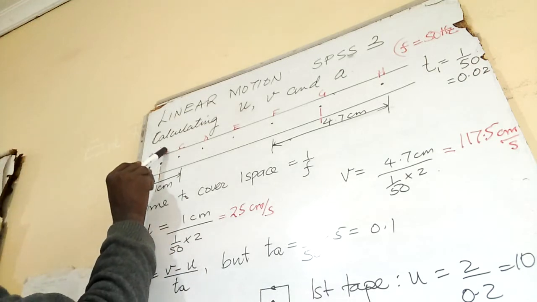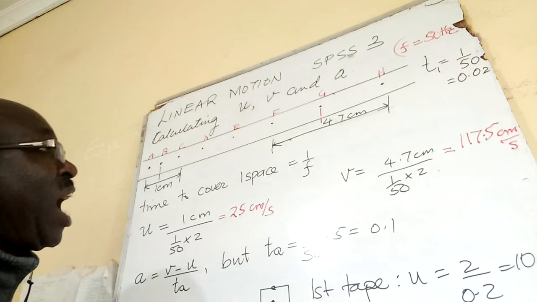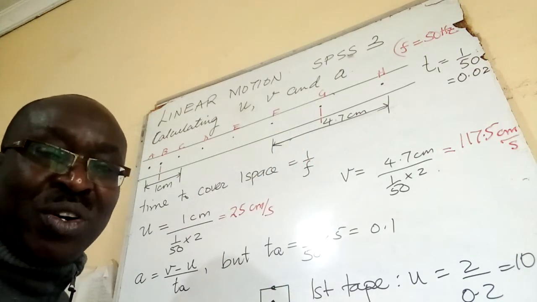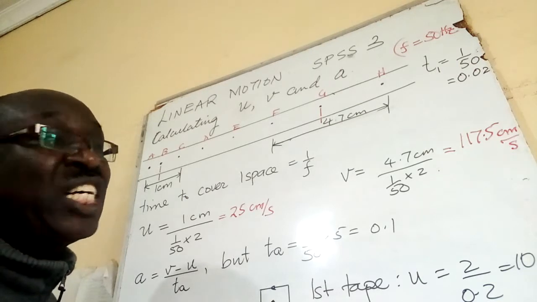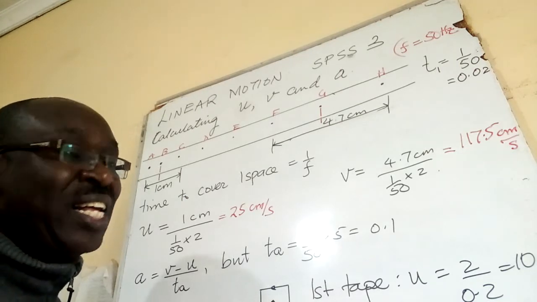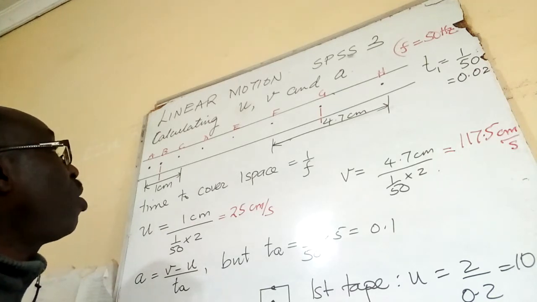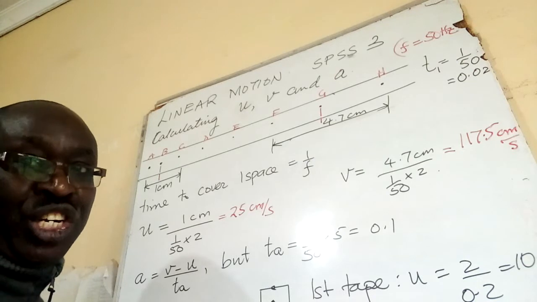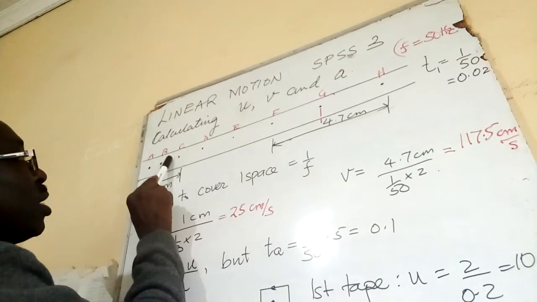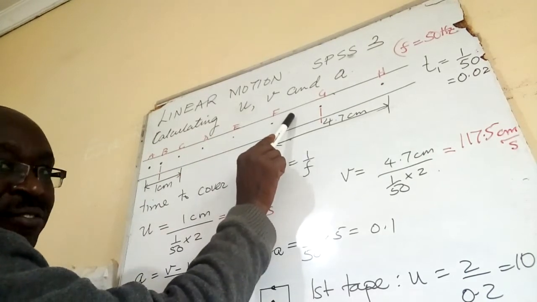The center of initial speed is at B, and the center of the final speed is at G. How many spaces are there from B to G? We can count all of us. 1, 2, 3, 4, 5.